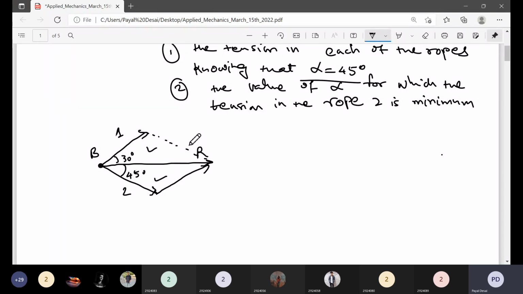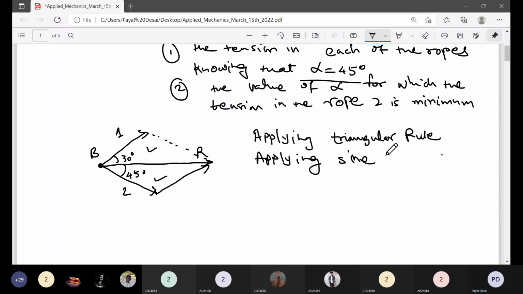That is up to you. I can use it while applying the triangular rule and applying the sine law. These two things we have to apply, right? So either I can use this triangle or this triangle. Let us use this triangle.